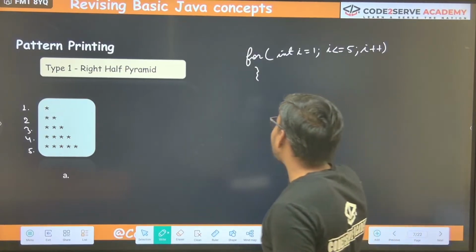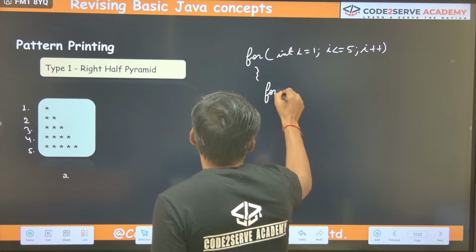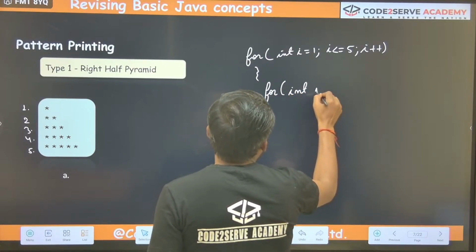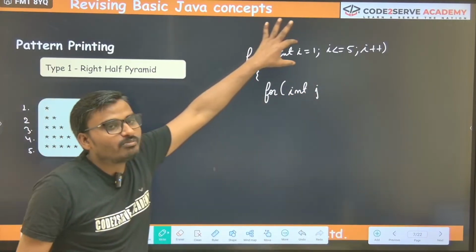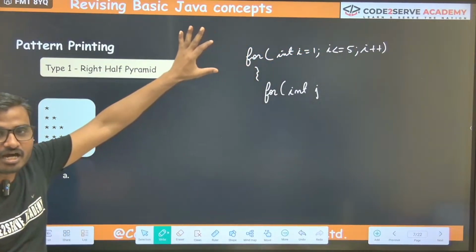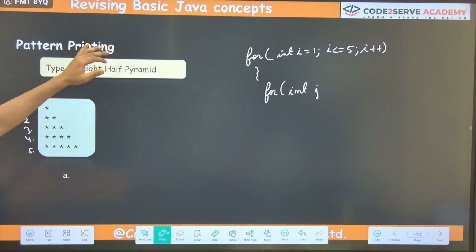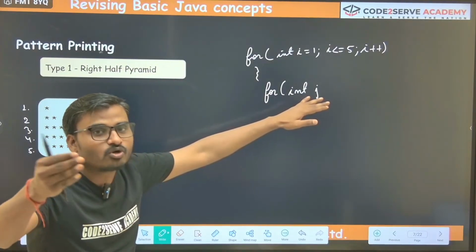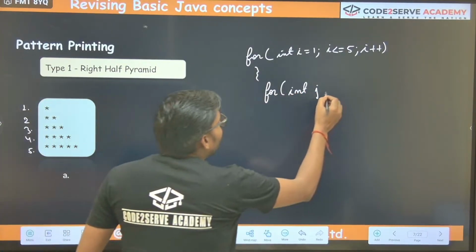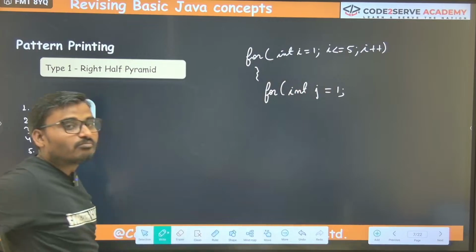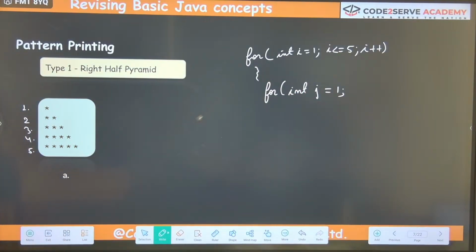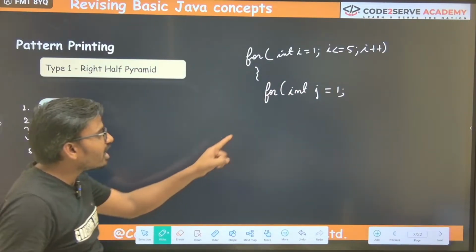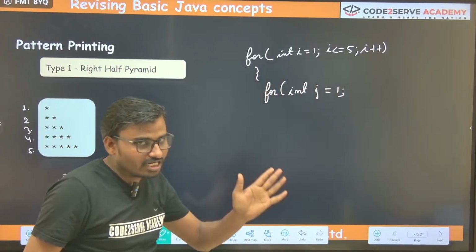All right. So over here I will write the J loop. So what I will say int J. So what I told, first will be the row, number of rows that we are trying to achieve, or try to print. Over here, now you see in each row how many columns I need to print. The second loop will control in each row how many columns you have to print. So you will say, I will start from 1, but what will be the terminating condition that you have to find. So you will say, in each row, I am starting from 1.